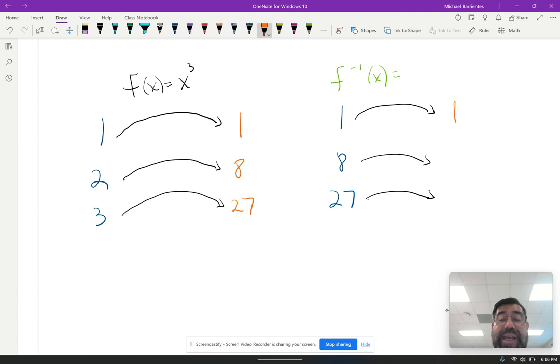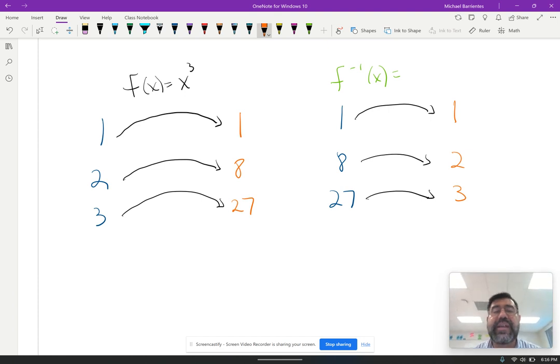If I start at 8, I end up at 2. If I start at 27, I end up at 3. So the inverse function is the undoer, if you will. It reverses the process of the original function. In our example, the inverse function that undoes a cube is the cube root.